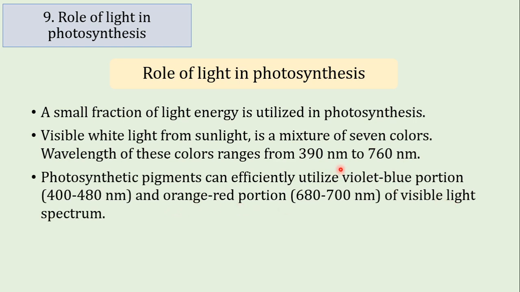The violet blue portion lies between 400 to 480 nanometer wavelength, and the orange red portion lies between 680 to 700 nanometer wavelength. These wavelengths carry the maximum amount of energy, and that can be efficiently utilized by the photosynthetic pigments. And the lights of other colors like green or yellow cannot be utilized by the photosynthetic pigments very much.